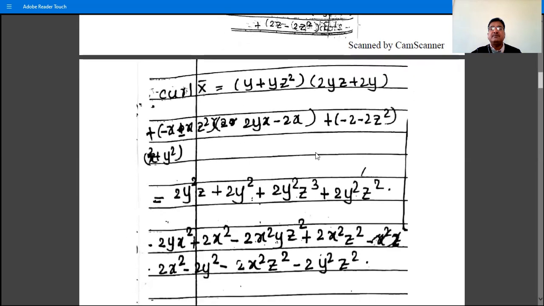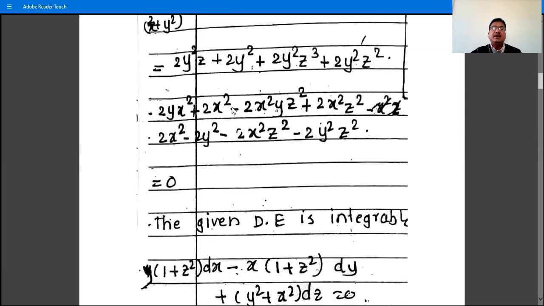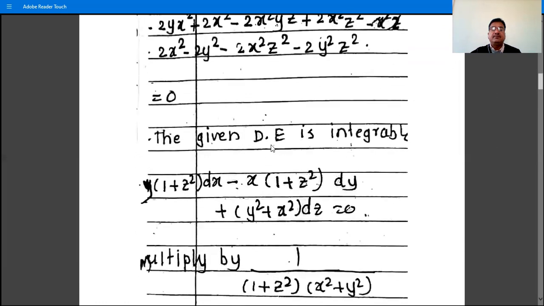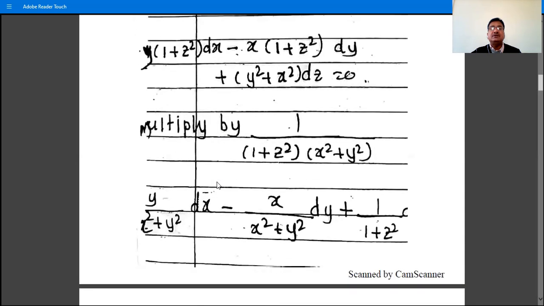After multiplication and addition and subtraction, all these factors give 0, and therefore the given differential equation is integrable. Now we have to find its general solution. So y(1 + z²) dx − x(1 + z²) dy + (x² + y²) dz = 0. We have to separate the variables.